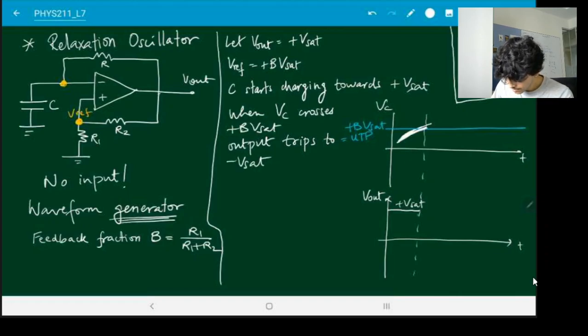So all of a sudden, V out comes here, minus VSAT. Now output has become minus VSAT.